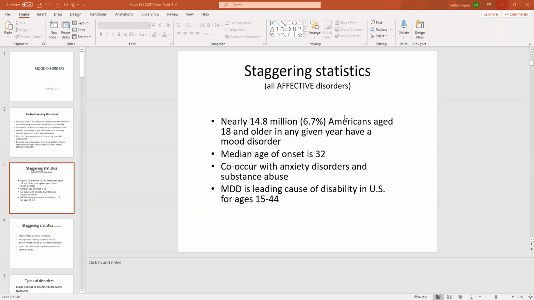Today we're talking about mood disorders, and you have a lot of pages that go along with mood disorders. You have a section in Pearson that talks about postpartum depression. For testing purposes, you just need to know a little bit about postpartum depression. Most of it I give you.